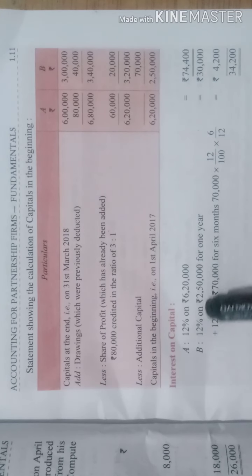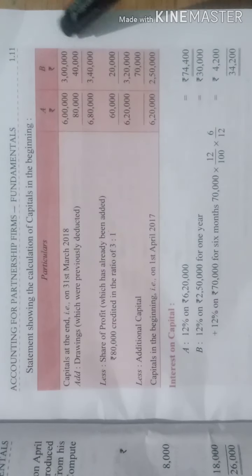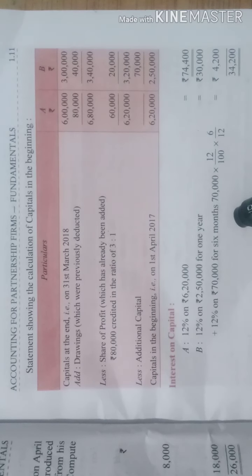Here we first have to calculate the flat amount in the beginning of the year, so that is why I reduced it. But now I know that if any additional capital is there, I calculate the rate of interest on that too. Last two sums, do remember, that is what we have done.